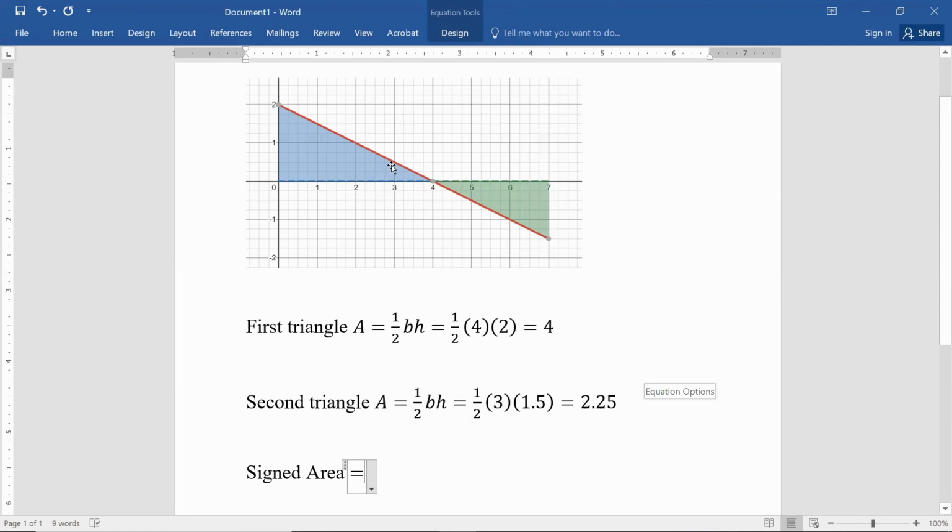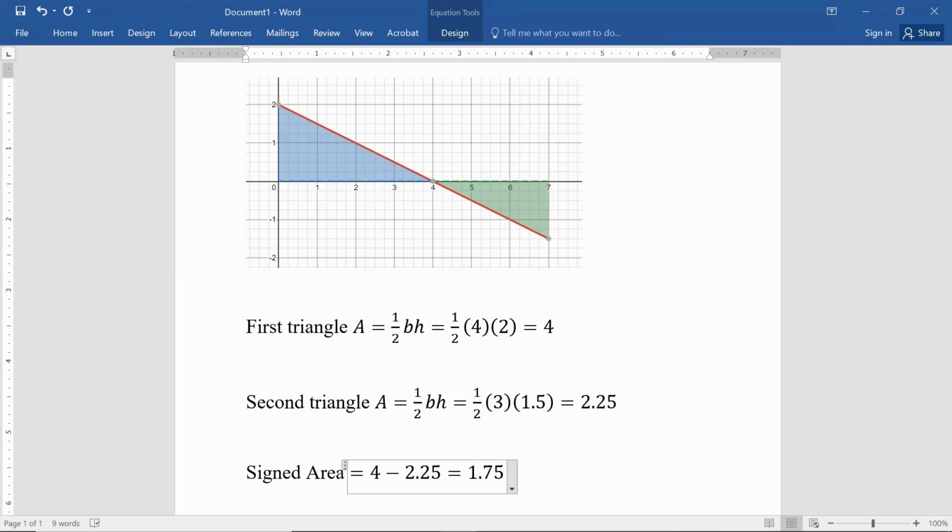So the signed area would be the blue triangle area, which is 4, minus the green triangle area, which is 2.25. Therefore, when you take 4 minus 2.25, you end up with 1.75.